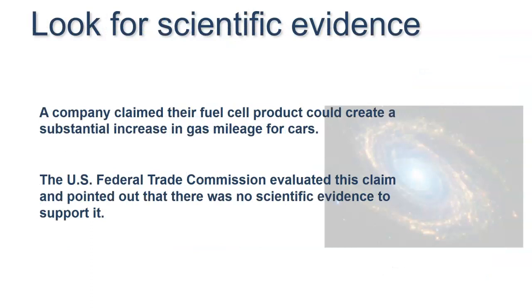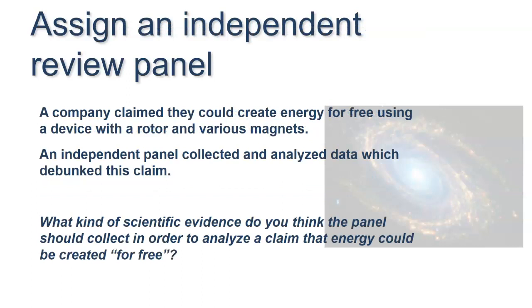So a company claimed their fuel cell product could create a substantial increase in gas mileage for cars. The U.S. Federal Trade Commission evaluated this claim and pointed out that there was no scientific evidence to support it. So kind of what this is doing is it assigns an independent review panel.